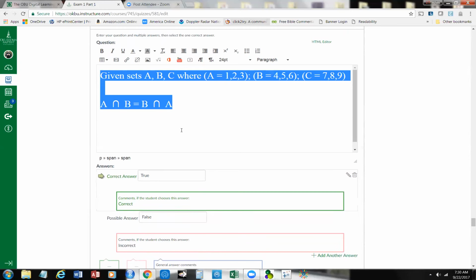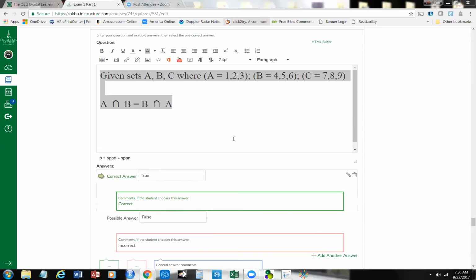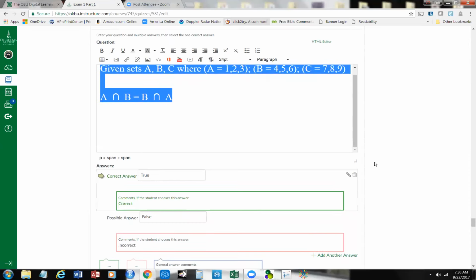The arch means intersection. We've talked about that. Are they equivalent? Yes, because sets A and B do not share any elements. So that answer is true.